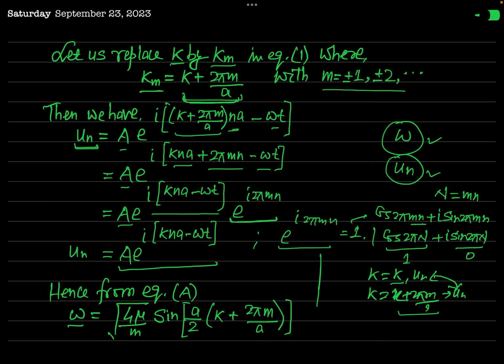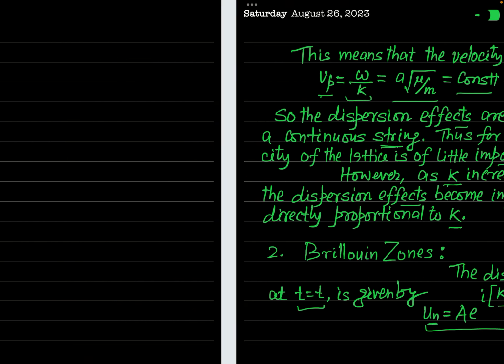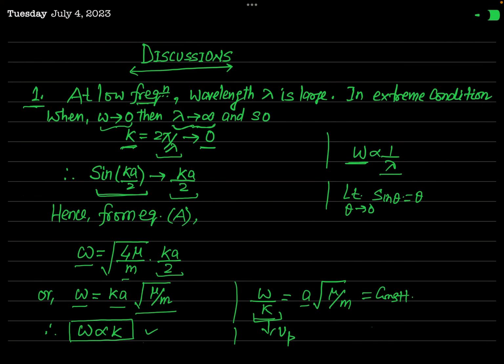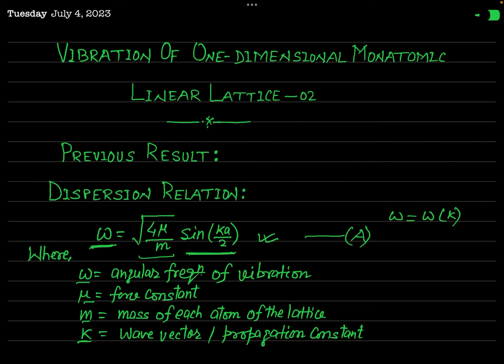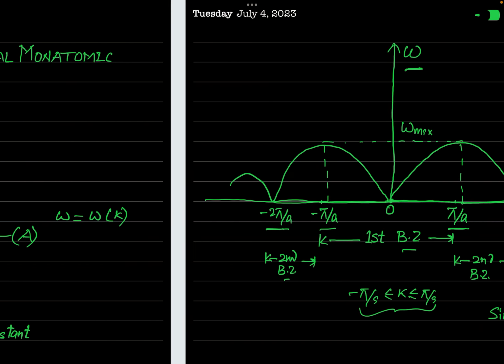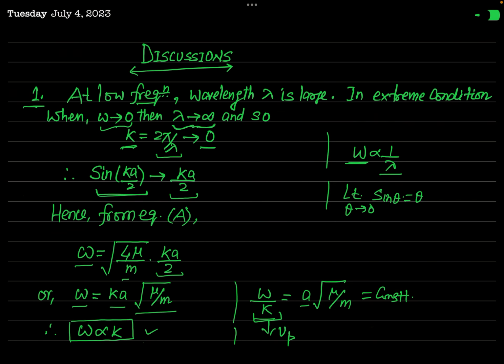We will simply substitute k plus 2 pi m over a in place of k in this dispersion relation. See here, this is your dispersion relation, and in place of this k we will now write k plus 2 pi m over a, and then you will again see that omega is not affected, the value of omega remains the same.